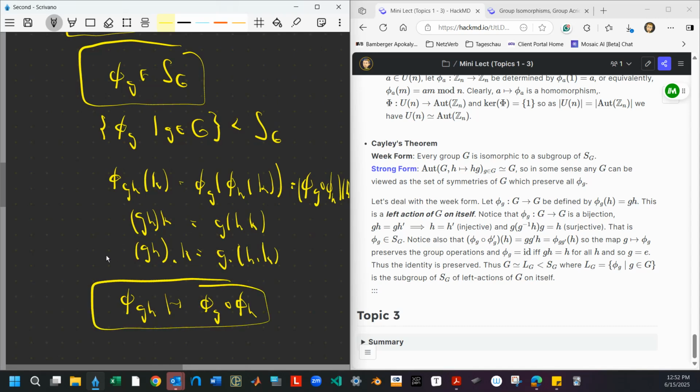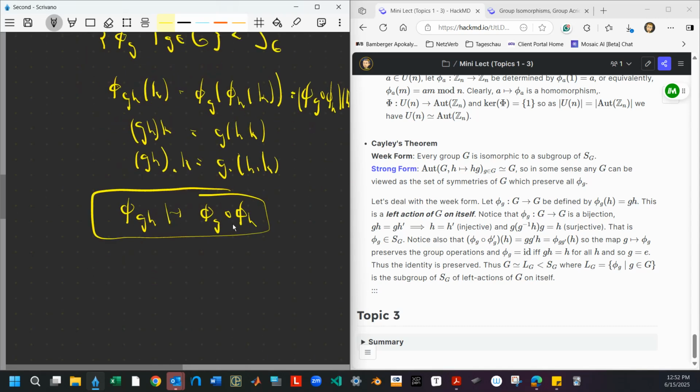So this shows closure under composition, right? Because if I take two things which are in that set, well, they come from some G and H, and so I can take the product on this side, and that'll give me the composition on this side, right? Let's see. I also need that phi of E.